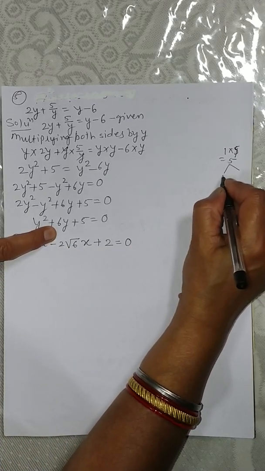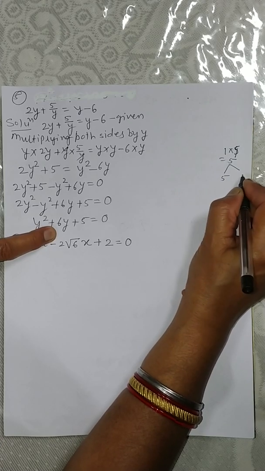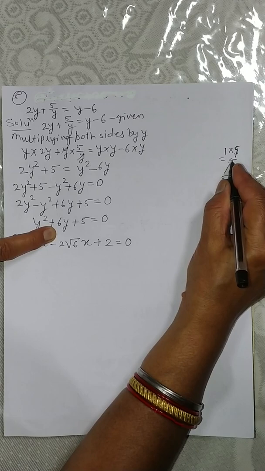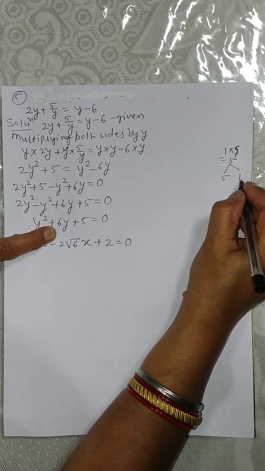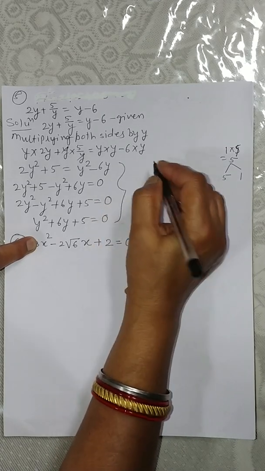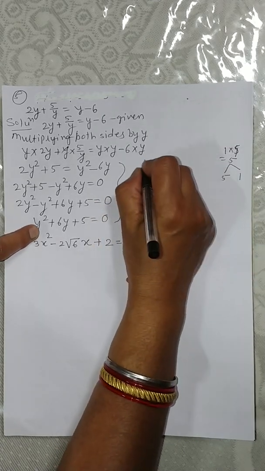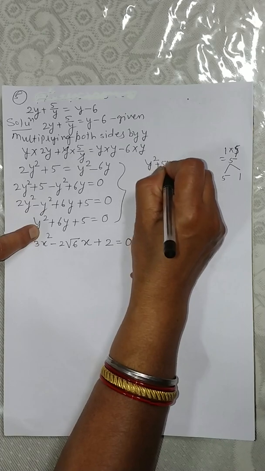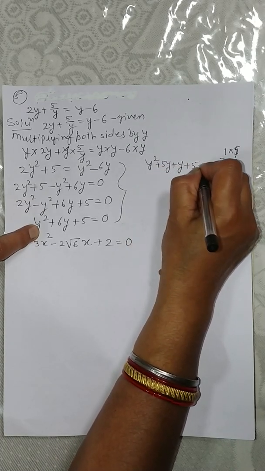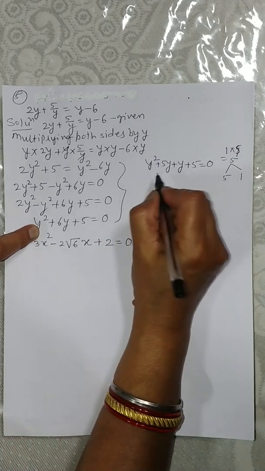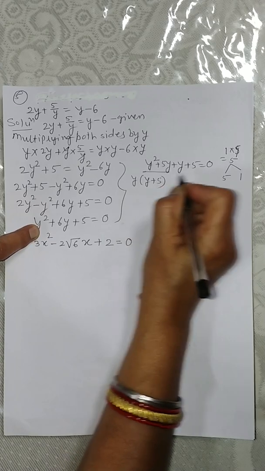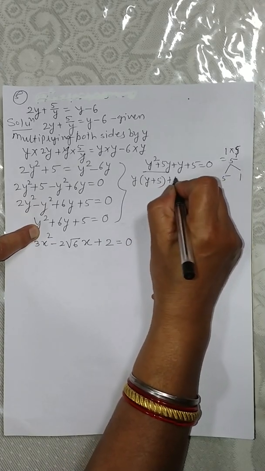So we want here 6. So if we write the factors 5 into 1, 5 into 1 is 5 and 5 plus 1 is 6. And therefore the factors are y square plus 5y plus y plus 5 equal to 0. So here y is common, y plus 5, and from these two terms 1 is common.